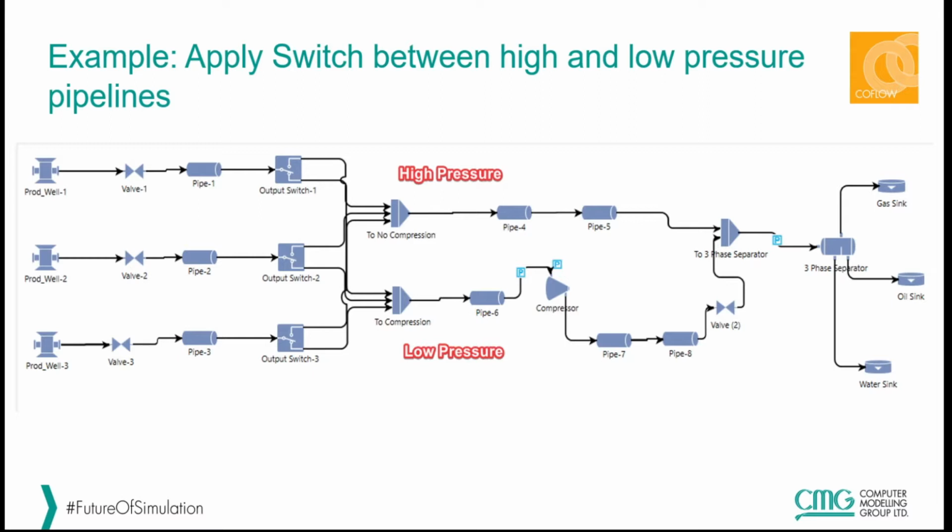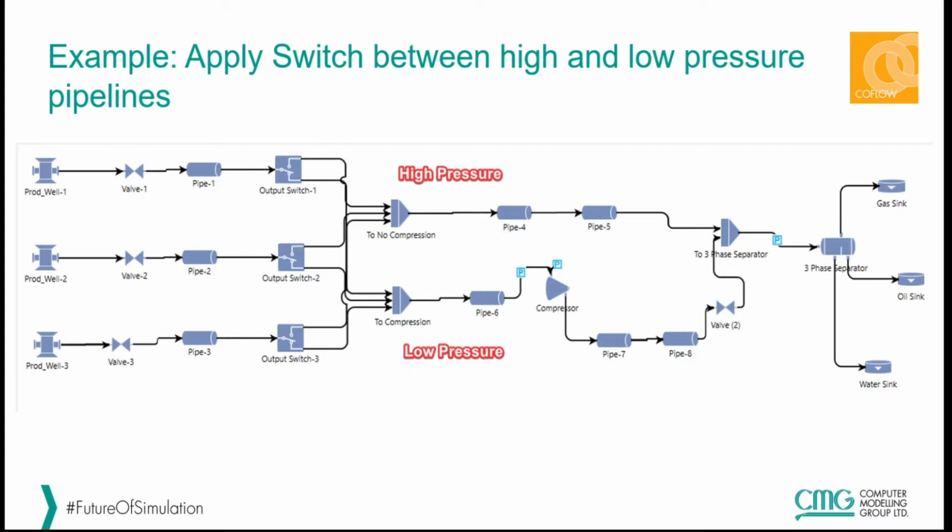The idea is that we are going to direct the producer fluid between the high pressure or low pressure line. When the wellhead pressure is high enough for the fluids production to reach the three-phase separator here, we are going to use the high pressure line for that fluid.